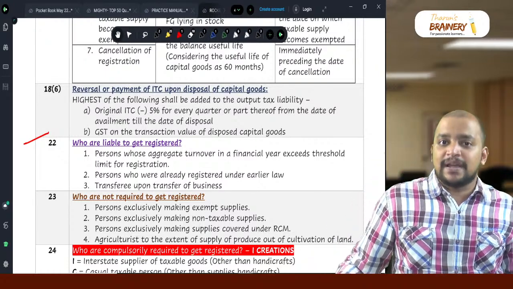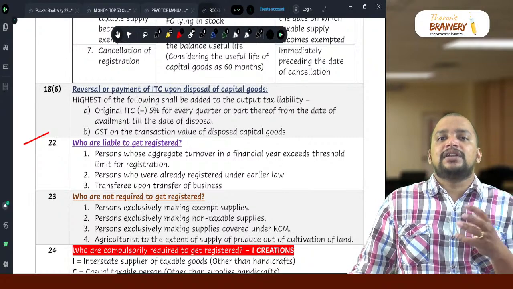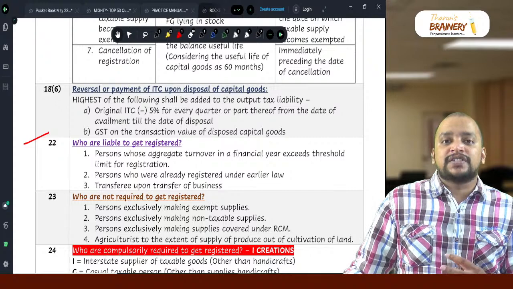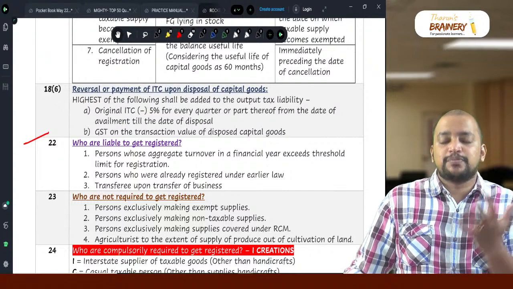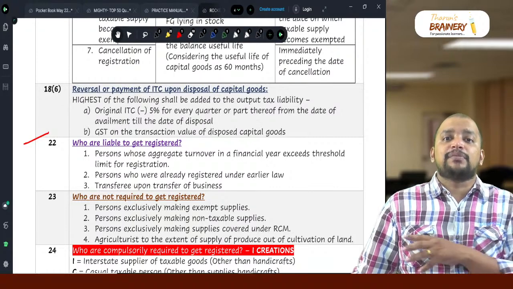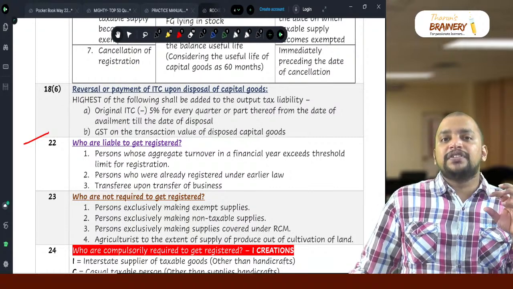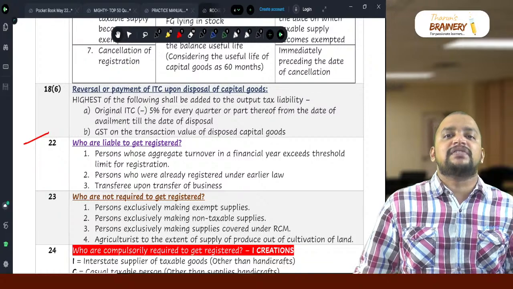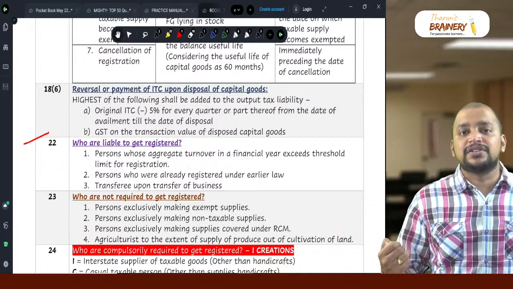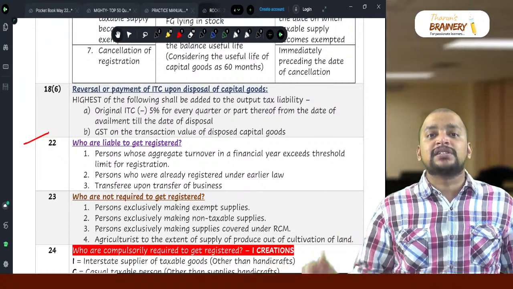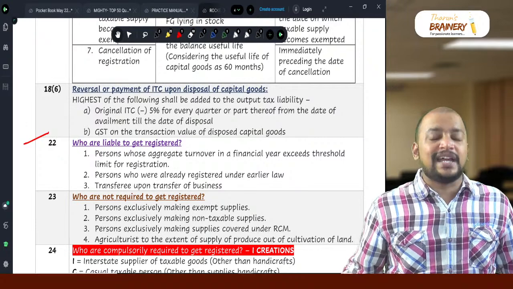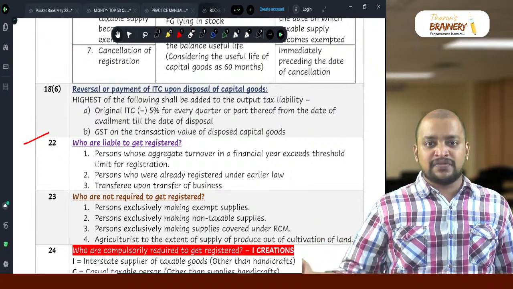Within a state we can have a single registration for multiple places of business, or a separate registration for each place of business. So from that single registration to multiple registrations, ITC will be transferred. That is with respect to section 18 subsection 3, transfer of ITC.